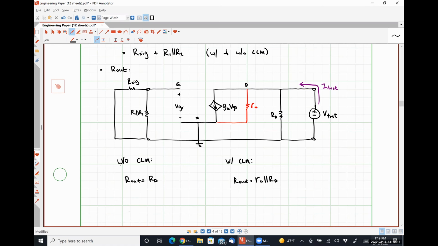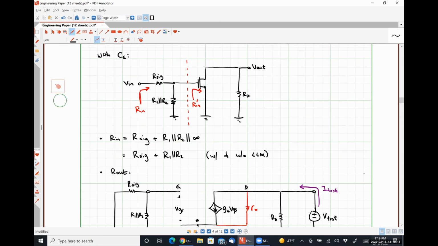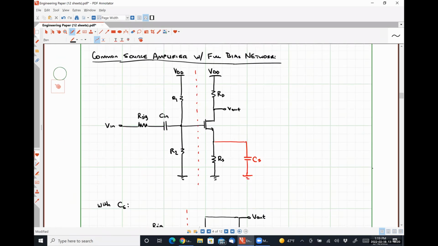So we do our DC analysis. Let me scroll up here at the top. Our DC analysis would mean that these two capacitors look like open circuits, which means we effectively have a simple four resistor bias network for our MOSFET device, right?